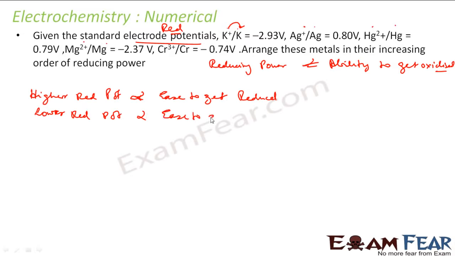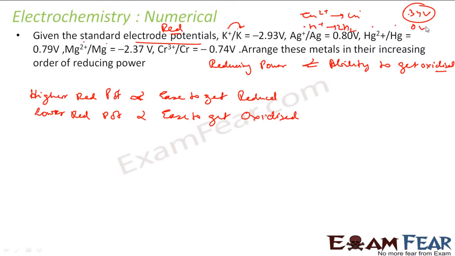A tendency to get oxidized. See, higher reduction potential means it has a positive value, that means this reaction is feasible. For example, Cu2+ to Cu, the value is 0.34 volt, right?